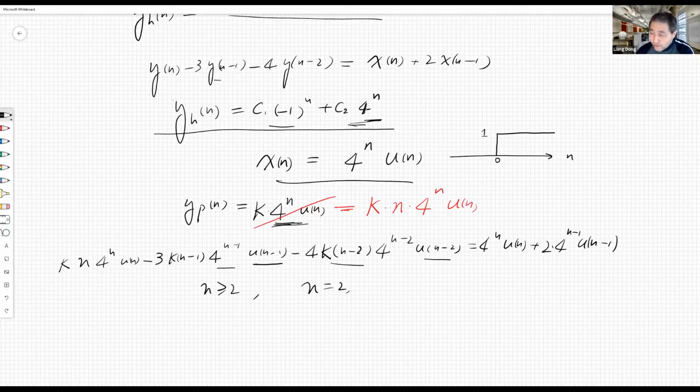With n equal to 2, we find that K is equal to 6 over 5. After some calculation, you find out K is 6 over 5.